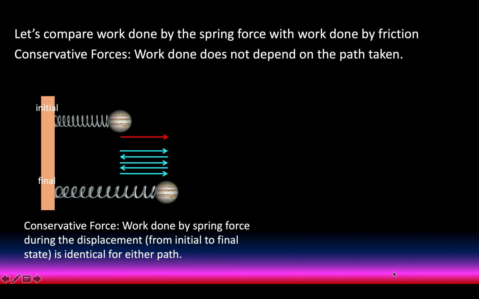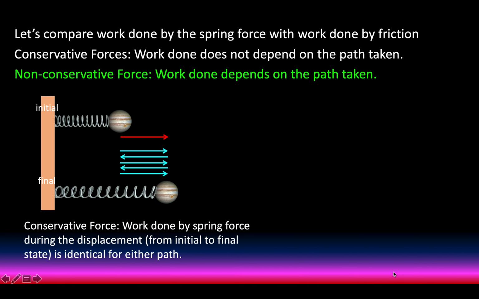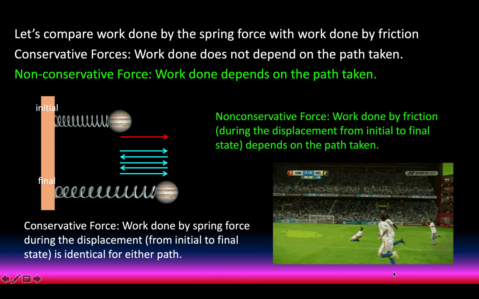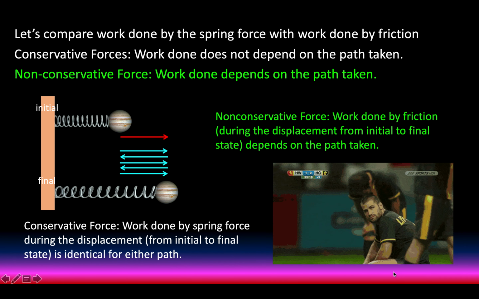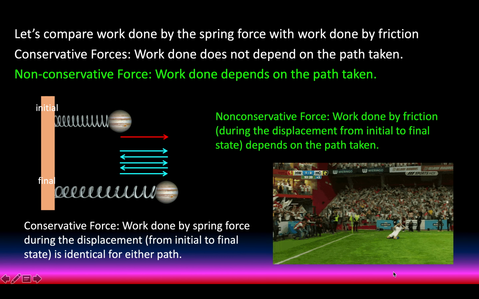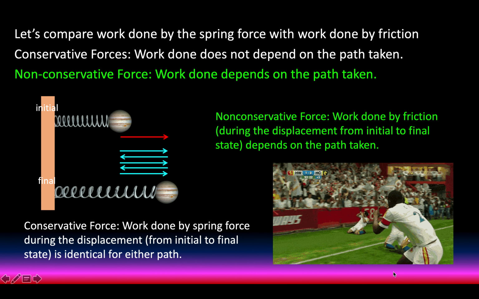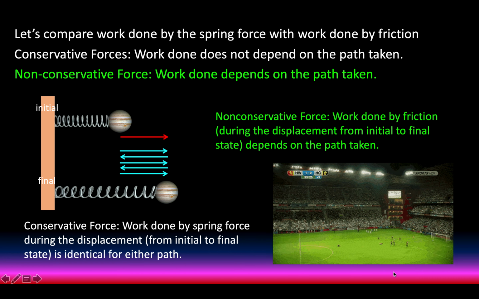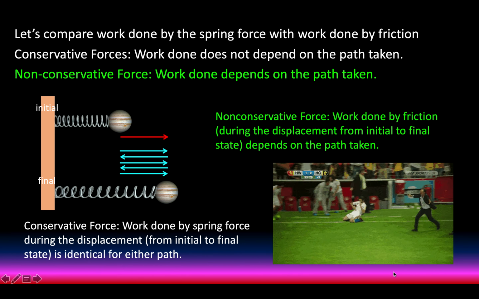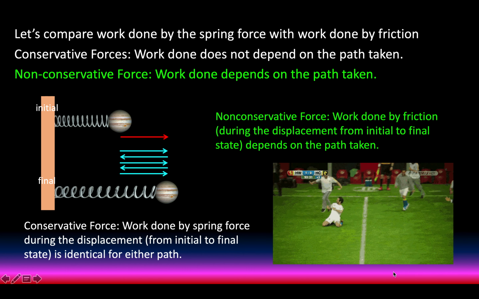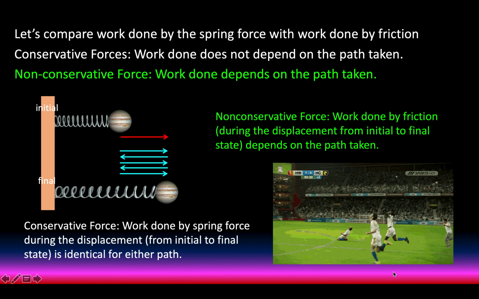Now, let's contrast this idea with a non-conservative force. In a non-conservative force, the work done does depend on the path taken. So if I think of friction, the work done by friction, the energy given to or taken away from an object by a non-conservative force, will depend on the path taken. If an object is sliding across the ground, it will lose some amount of energy if it takes a very direct path.